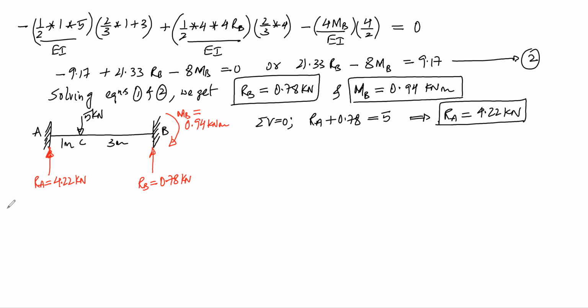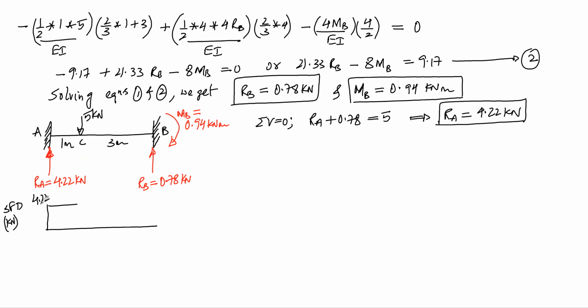So we can draw the shear force diagram in kilonewtons. This is our reference. At A, there is an upward shear force of 4.22. From point A to C, it is constant. At C, there is downward 5.